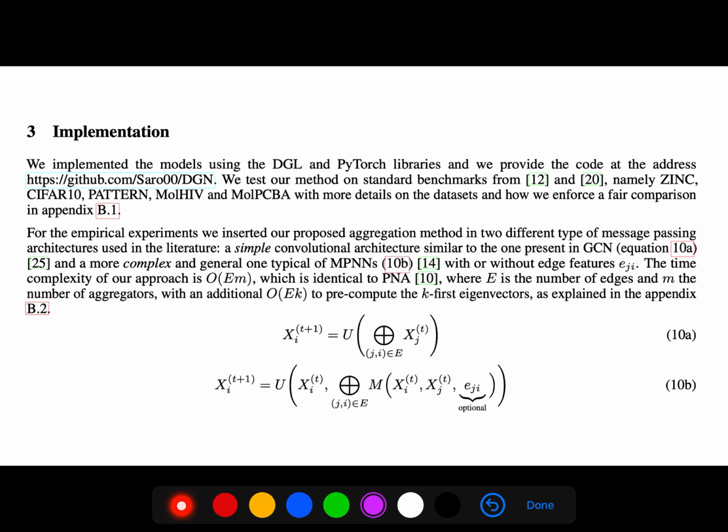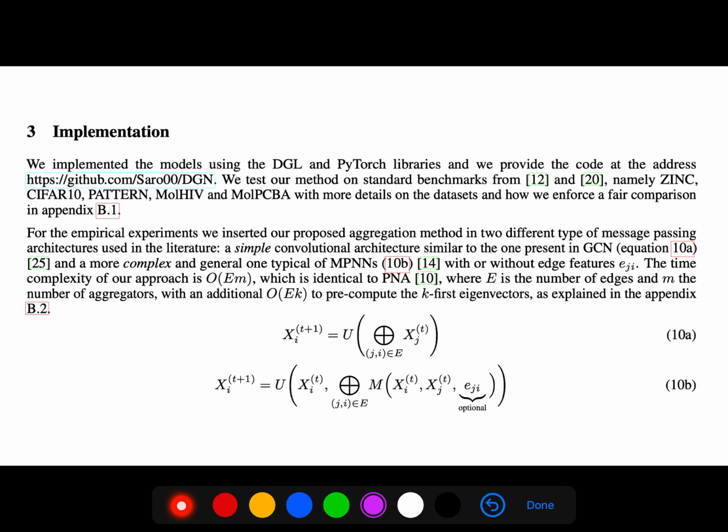For the empirical experiments, we inserted our proposed aggregation methods in two different types of message passing architecture used in literature.